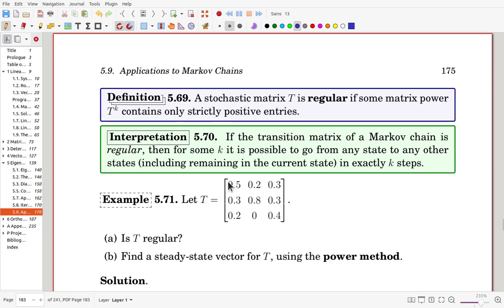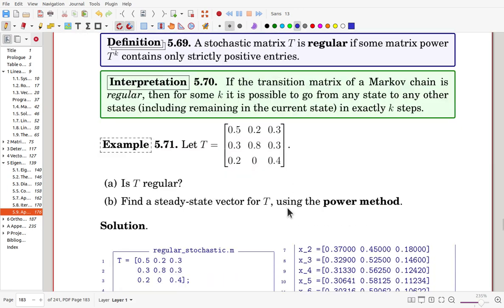In fact, that is a transition matrix, so from one state it is moving to the others.